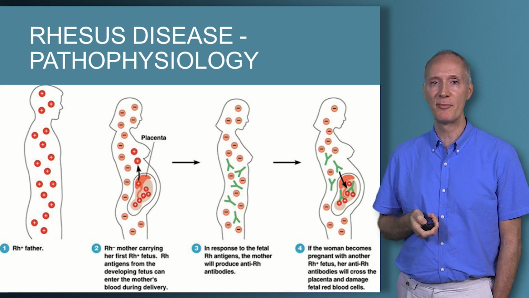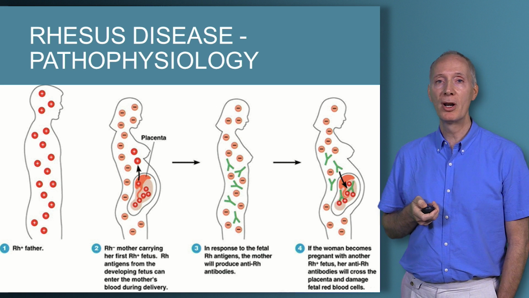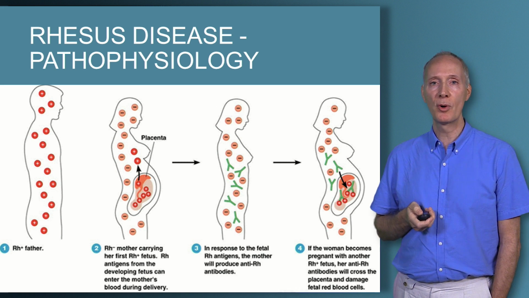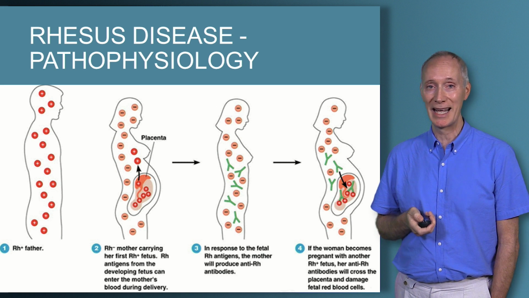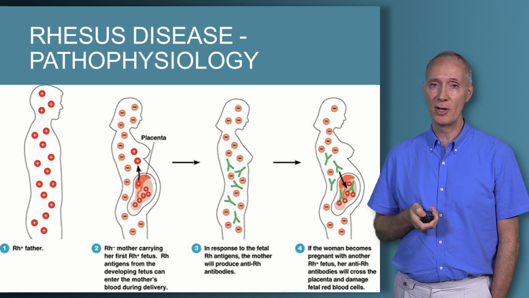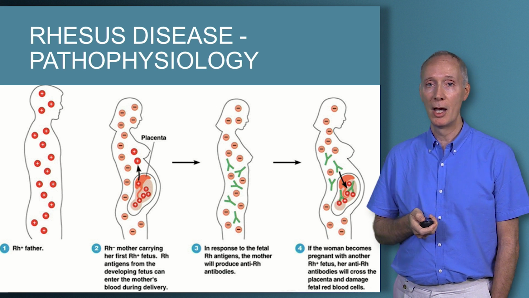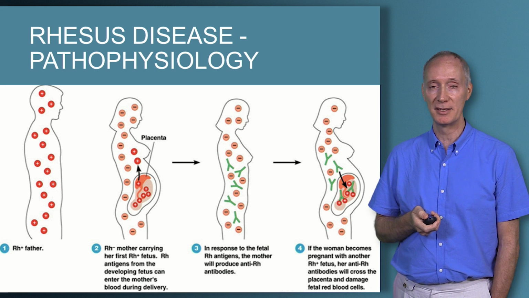So the rhesus negative mother is carrying a rhesus positive fetus, and blood of the fetus will cross the placenta during pregnancy at some point, and then particularly during delivery. Now, this is not a problem for this particular fetus, but it will be a problem for future pregnancies.